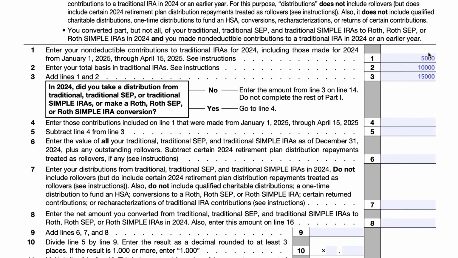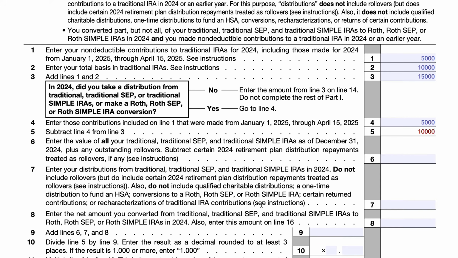So let's imagine that John Doe's contributions were all in the 2025 tax year. We're going to back that out, and we're going to get the $10,000 of basis back. Now we're going to enter the value of all traditional, SEP, and SIMPLE IRAs as of the end of the year 2024.